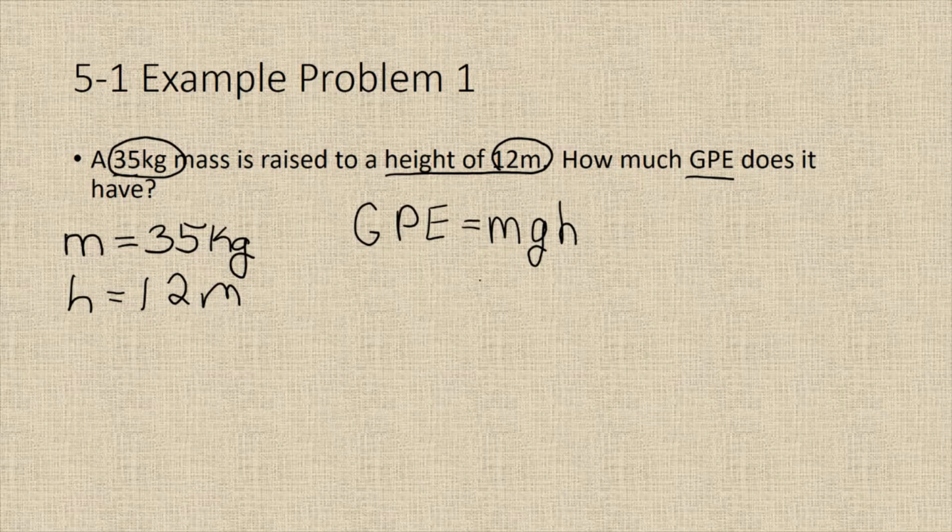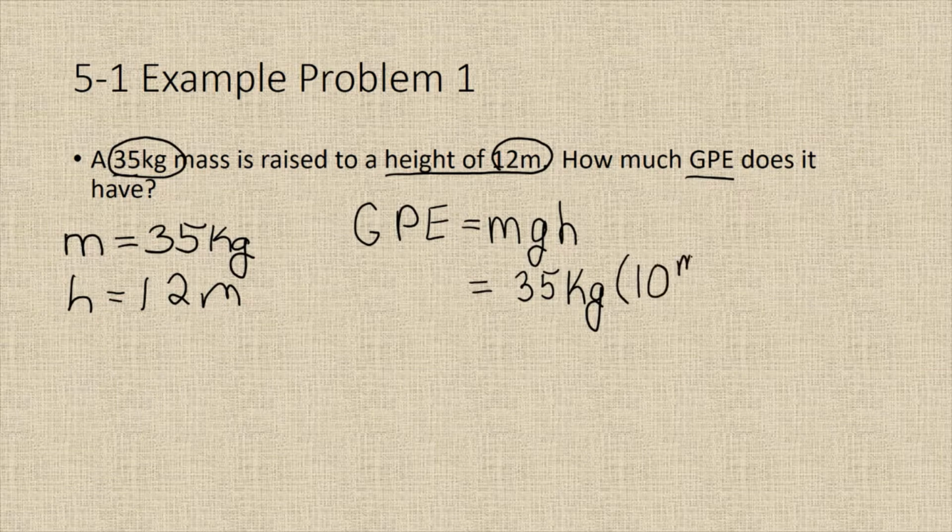So putting this all together, the GPE is 35 kilograms times 10 meters per second squared times 12 meters.